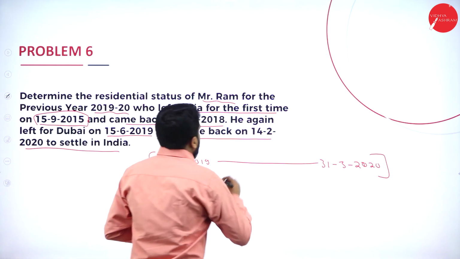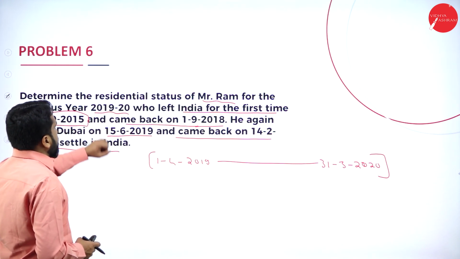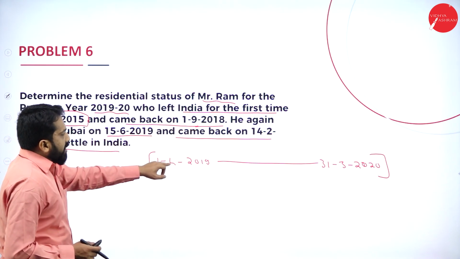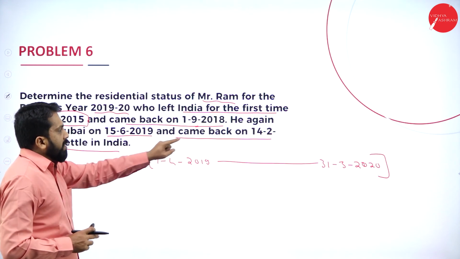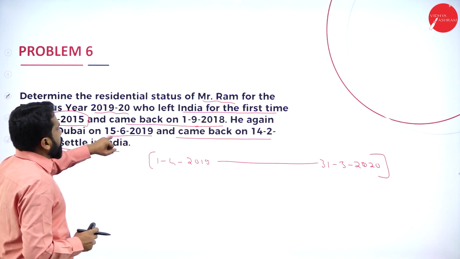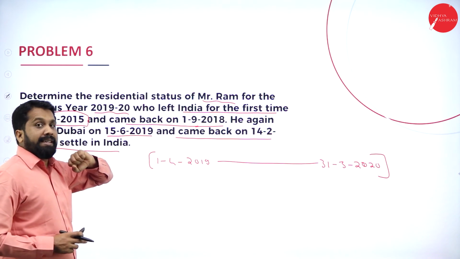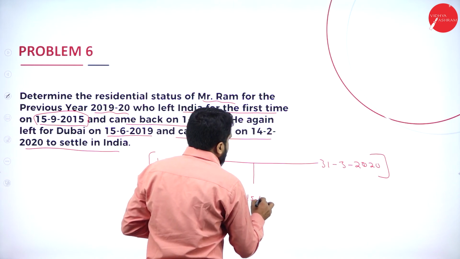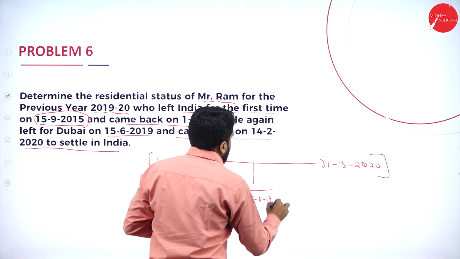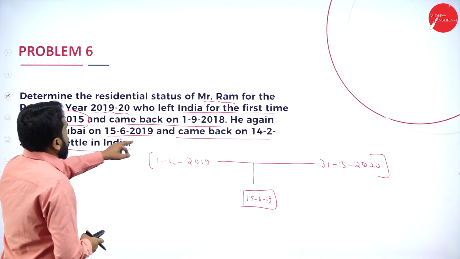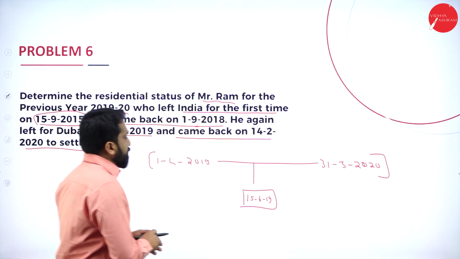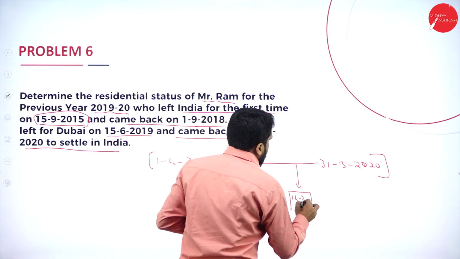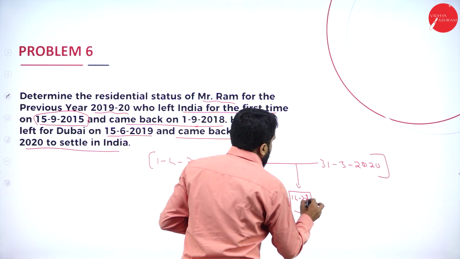In this, he came back on 1/9/2018, which means in the month of April he was in India. He again left for Dubai on 15/6/2019, and came back on 14 February 2020.